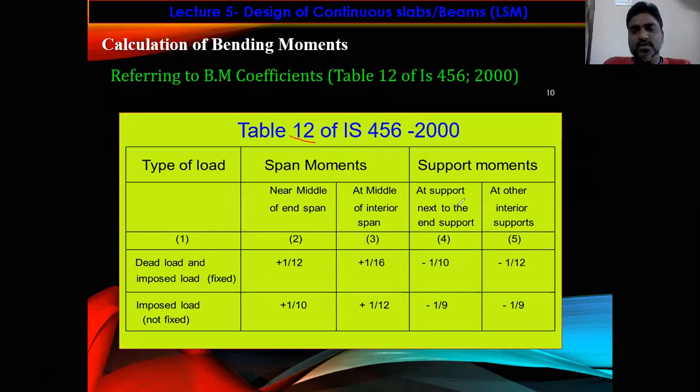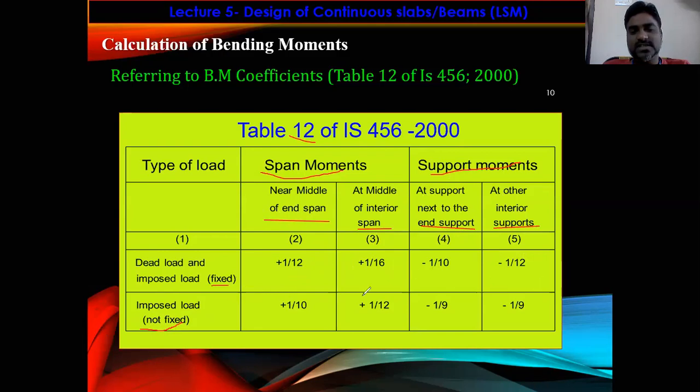In bending moment coefficients, there are two types: span moments and support moments. Again, these are further divided into near middle of end span, at middle of interior span, right? And for support moments, at support next to the end support, at other interior support, right? You can determine this is for fixed and this is for not fixed.